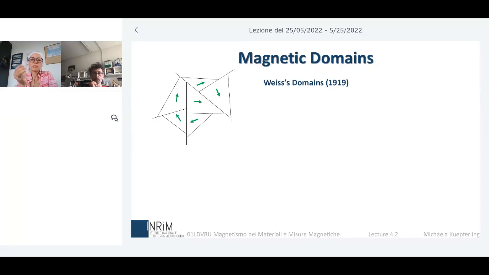And so it was an immediate step for Weiss to say, okay, there must be something different in order to describe the behavior of our ferromagnetic material. And this was done in 1919 by the Weiss domains.